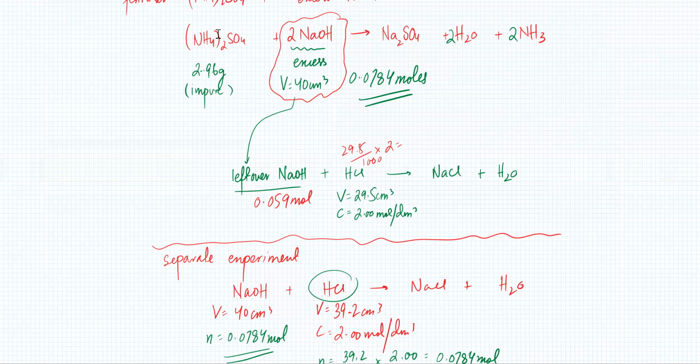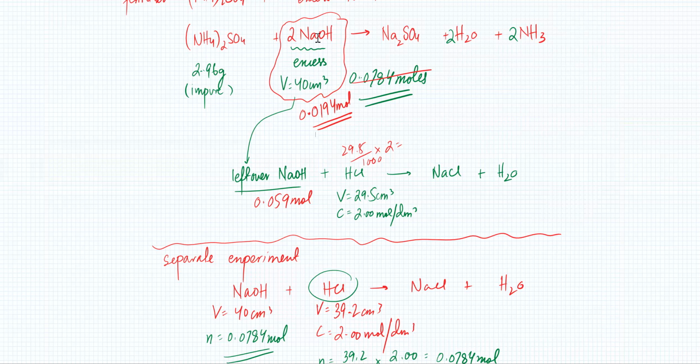So how many moles actually reacted with this? 0.0784 were added, and 0.059 are still left at the end of the reaction. So how many moles actually reacted with ammonium sulfate? You're going to subtract the two. What's 0.0784 minus 0.059? 0.0194 moles. So I'm just going to repeat this. We originally added in excess 0.0784 moles.